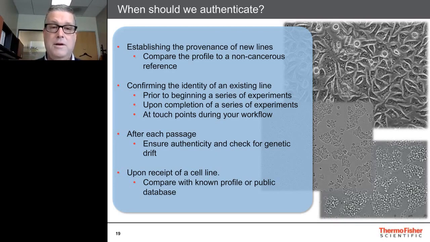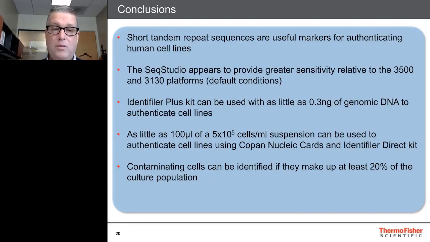We would also want to generate profiles over the course of your workflow to make sure that the cells are remaining what you think that they are over the course of your work. It'd be a good idea, after each passage number, to take an aliquot of these and again validate that they are genuine and they match up with what the initial profile was.